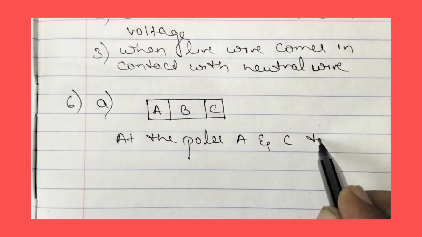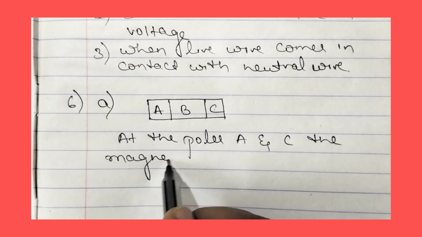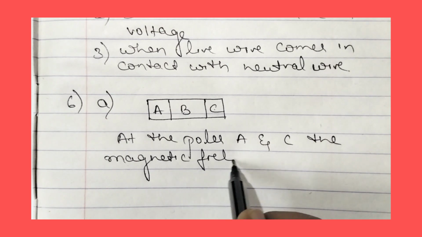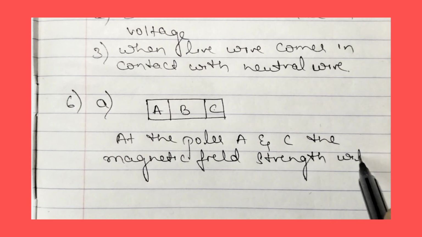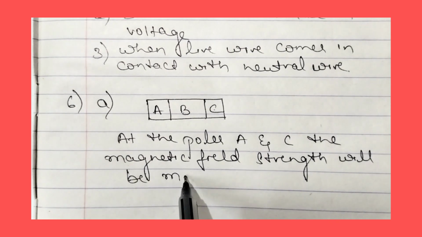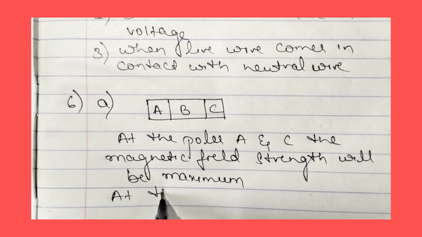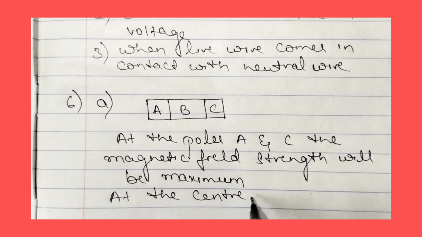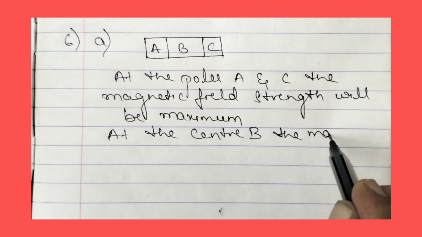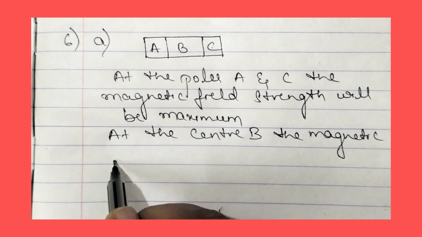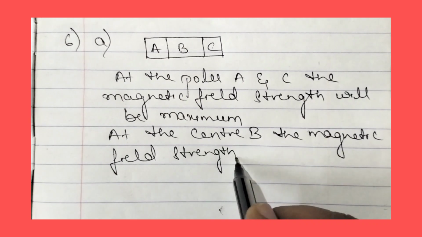At the poles A and C, the magnetic field strength will be maximum. At the center B, the magnetic field strength will be minimum.